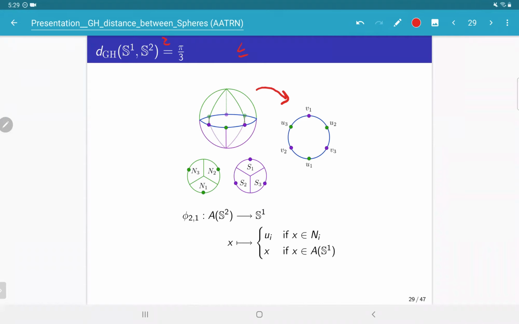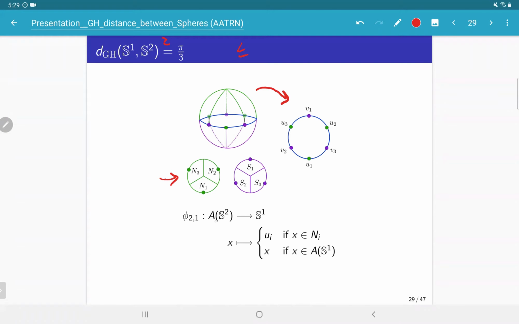Again, here we are identifying S^1 and the equator of S^2. And imagine dividing the strict upper hemisphere into 3 equal parts, like N1, N2, N3. In other words, each Ni will look like some spherical triangle, and their diameter will be 2 pi over 3. Now we are ready to define this map, phi sub 2,1.